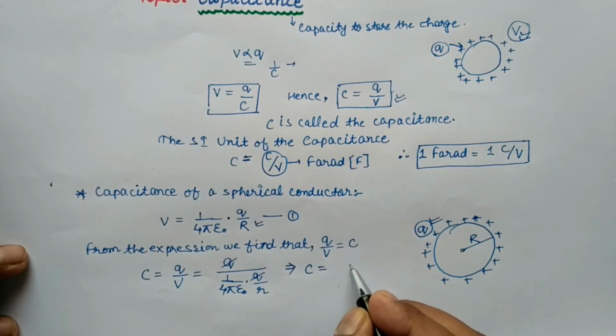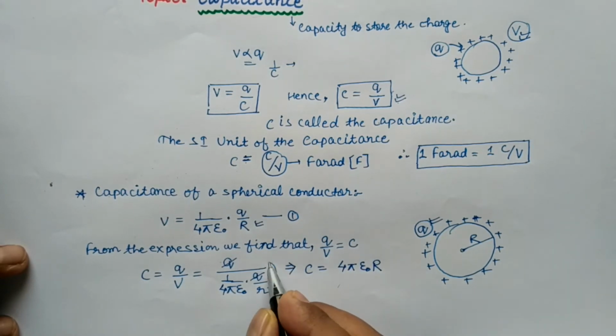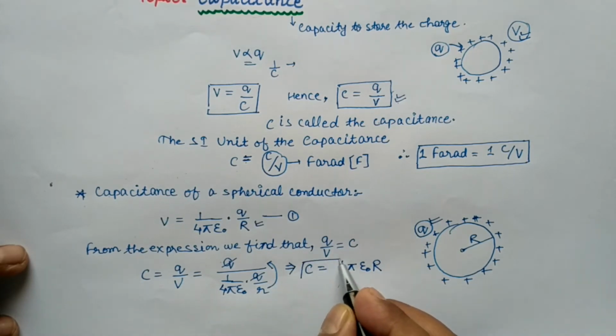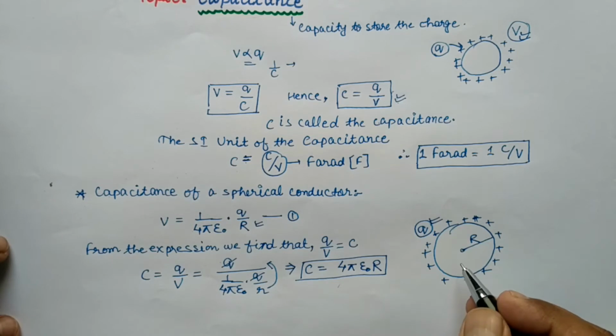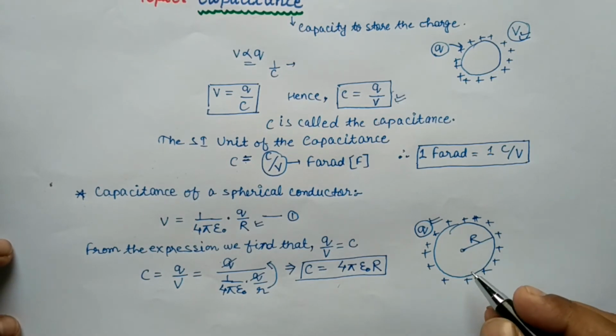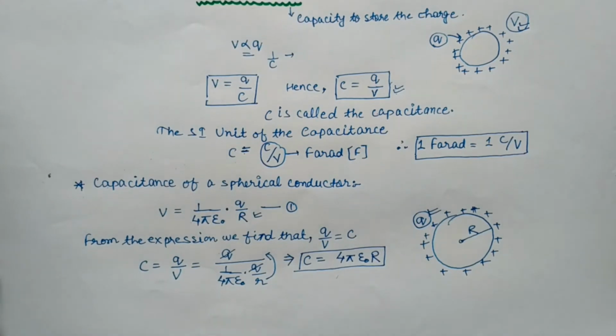So C is equal to 4 pi epsilon naught R. This is the capacitance of spherical conductor which radius is capital R.